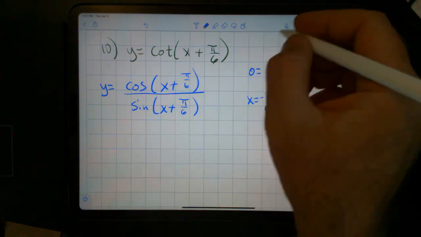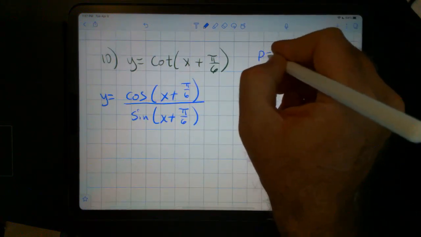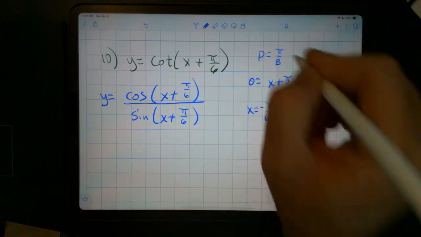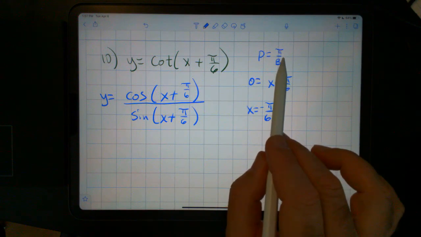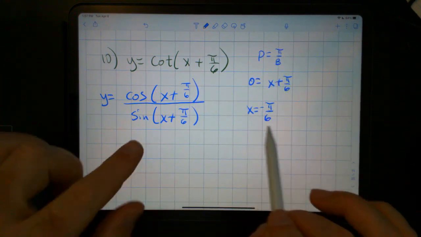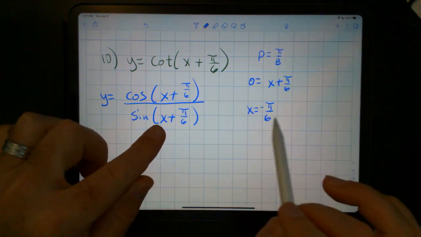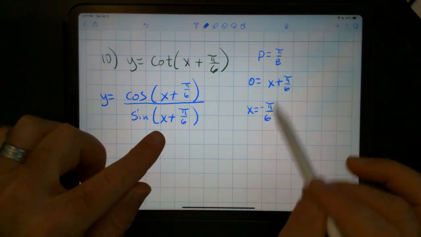Our period here is going to be pi over b. Since the b is 1, your period is pi. So we have an asymptote at x equals negative pi over 6, and a period of pi.